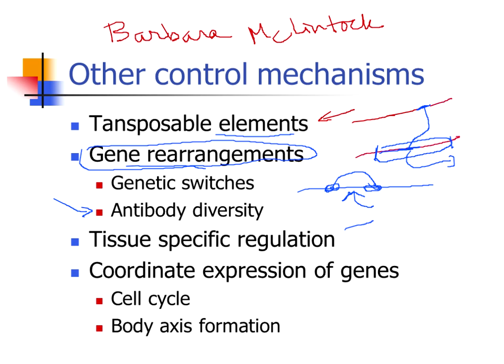Then you have tissue-specific regulation. So, for example, there are certain tissues that will produce only certain proteins. For example, hemoglobin. Hemoglobin, where is it produced? Only in the red blood cells, right?